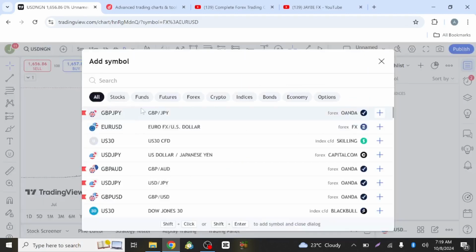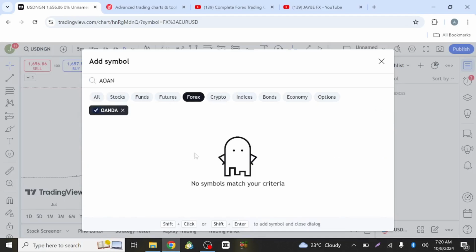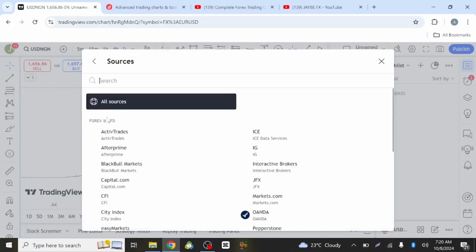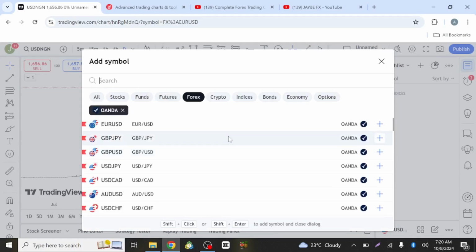The kind of currency you trade, let me go back to Oanda. Let me search for Oanda and select it. Now, the kind of currency you're supposed to trade is Euro USD.